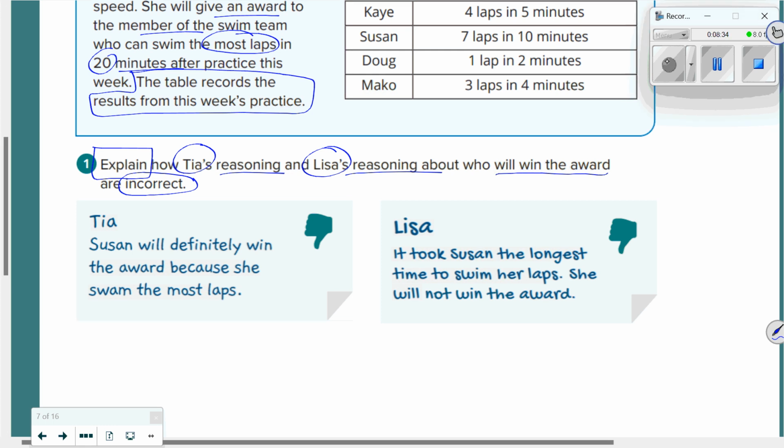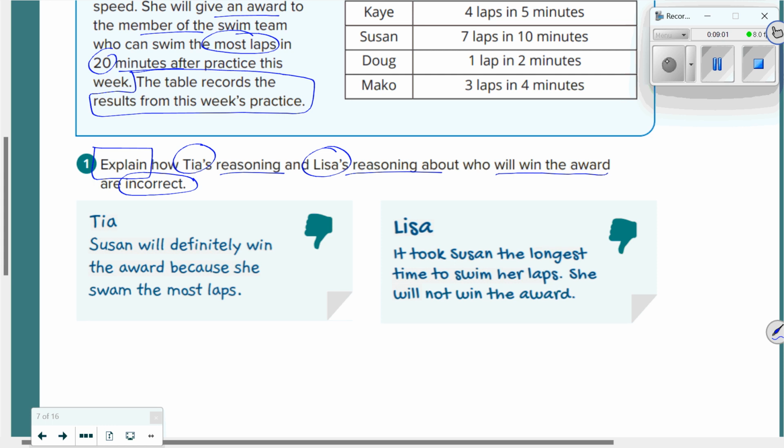You can tell me what Tia did wrong. She says Susan will definitely win the award because she swam the most laps. What did she do wrong? She did not try to multiply by two to make it 20 minutes in total, and she would have gotten 14 laps, which is not the most in all.